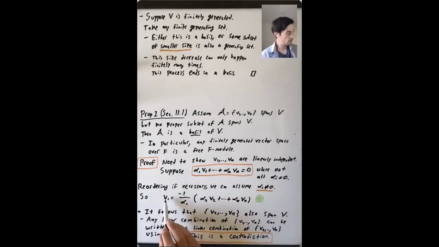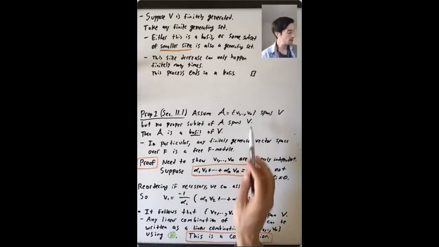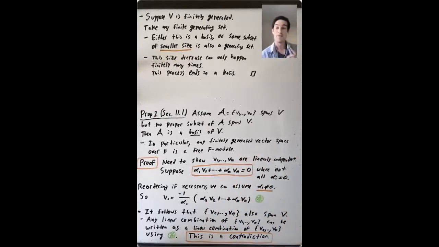Now, you know that v1 can be written as this linear combination of v2 up through vn. So what does that tell us? If you take the set of vectors v2 up through vn, this set also spans V. Why? Well, you know that anything in V can be written as a linear combination of v1 up through vn. And the claim now is that you don't actually have to use v1.